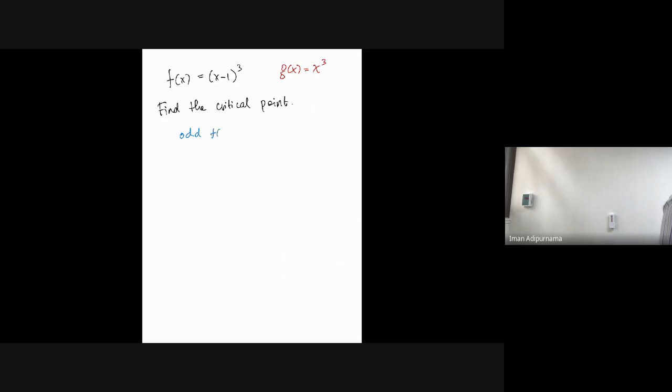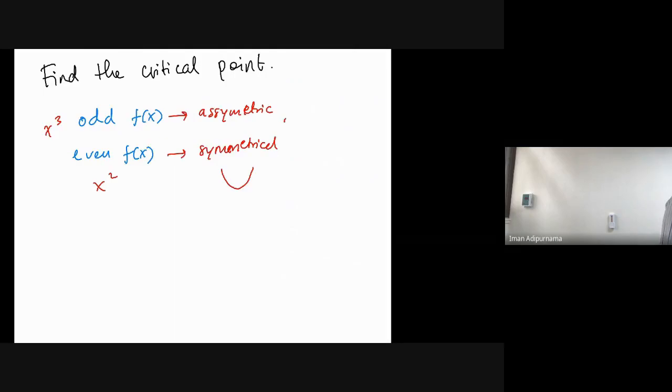Odd functions and even functions. An even function is usually symmetrical. The odd function is asymmetric. It's like the x squared and the x cubed. Symmetrical meaning left and right, you can mirror the image. But asymmetric, for example like that, you cannot really mirror the image.